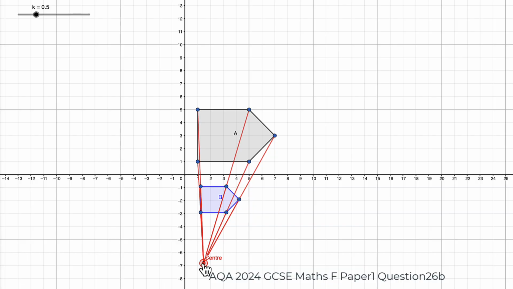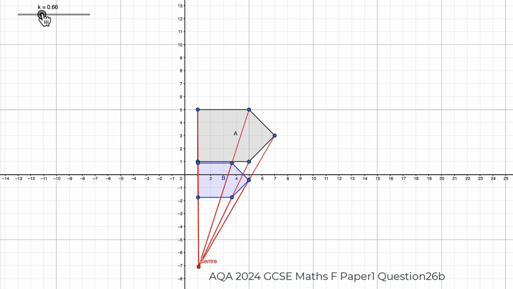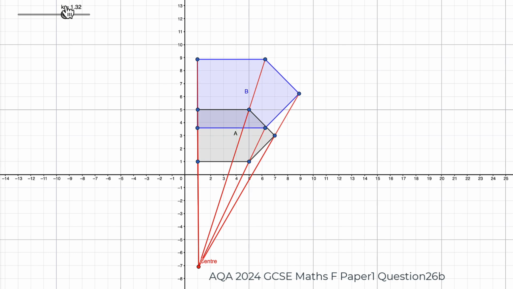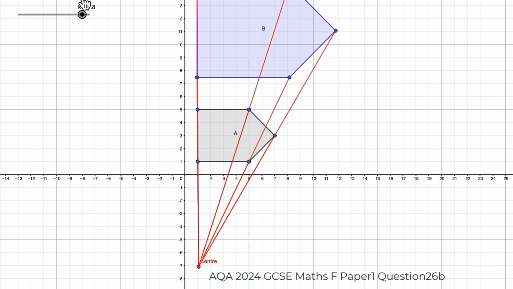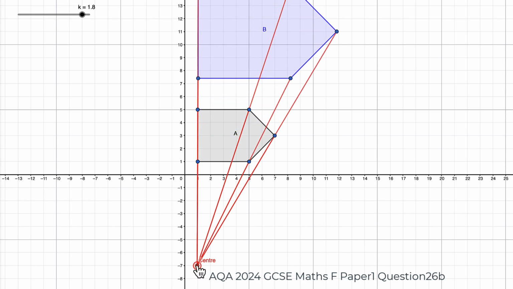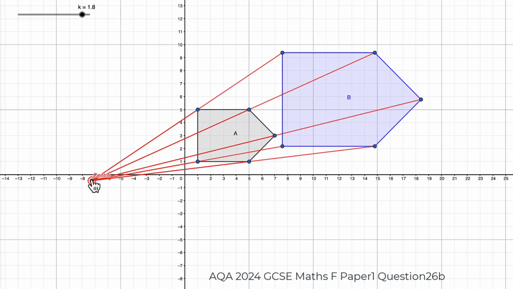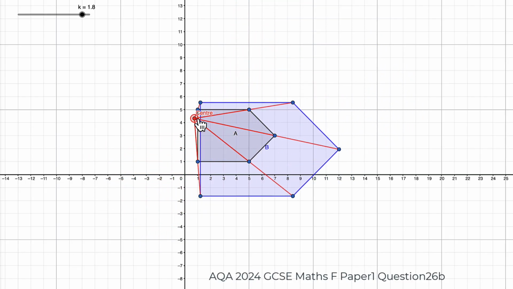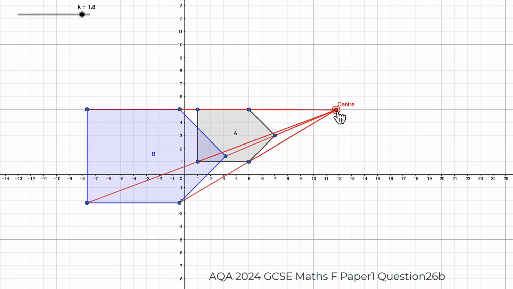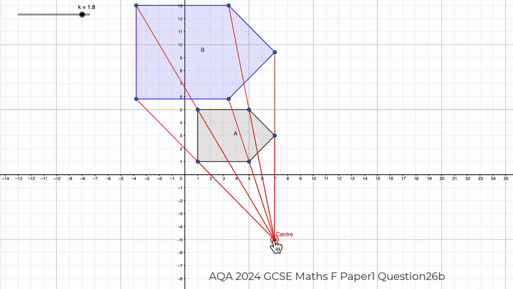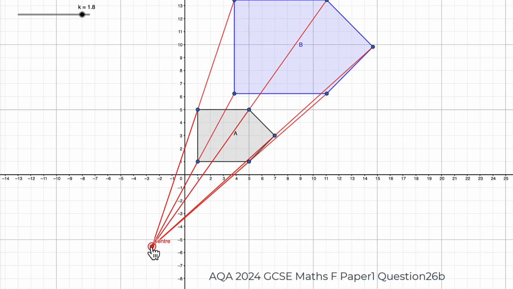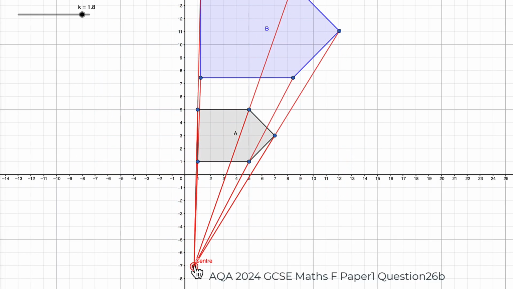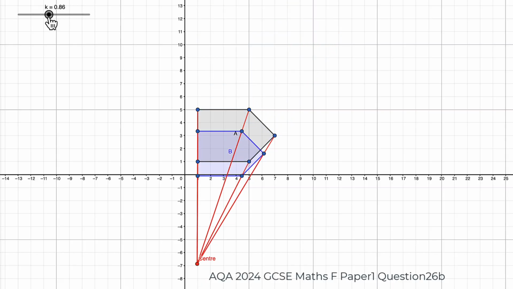And that's also true if we increase the scale of that enlargement. So I hope that's given you a better feeling for how an enlargement works.